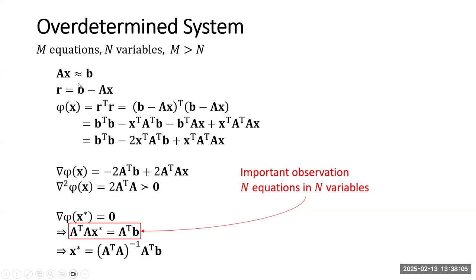Now what I'm doing here is, Ax equals b, I pre-multiply both sides with A transpose and replace this approximation with an exact equality. So A transpose AX is A transpose B. Now, A transpose A is a square matrix, right? This is an M by M matrix, A transpose A, and this is a M by 1 vector.